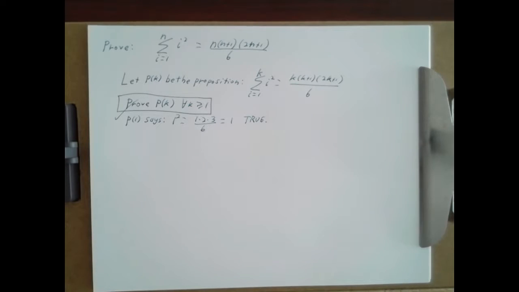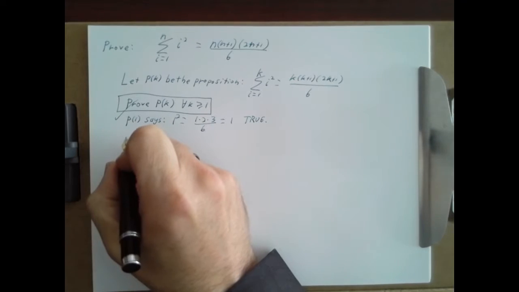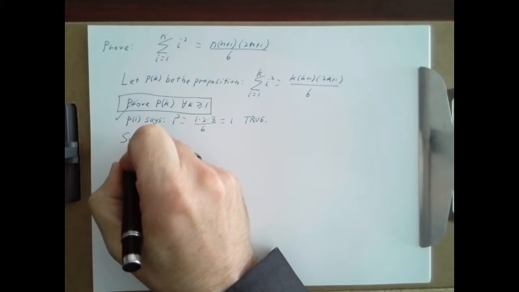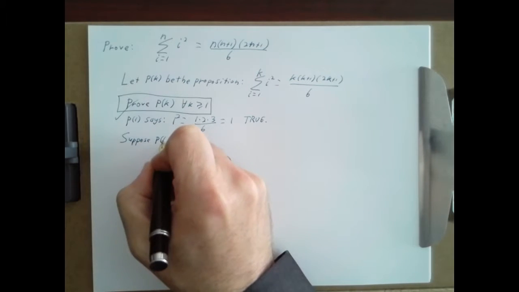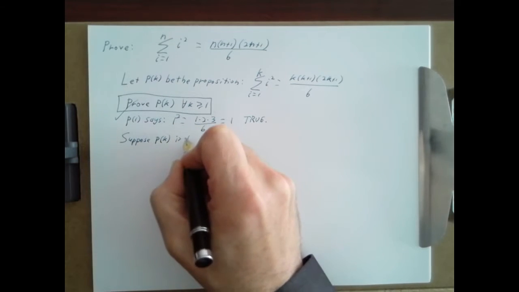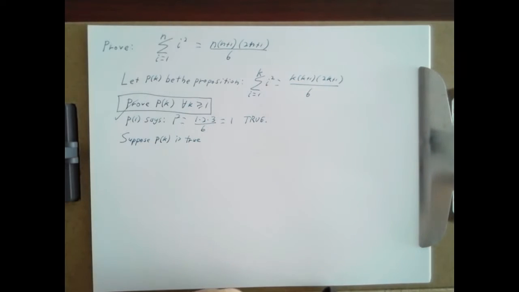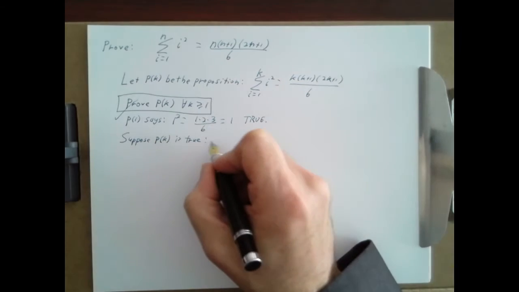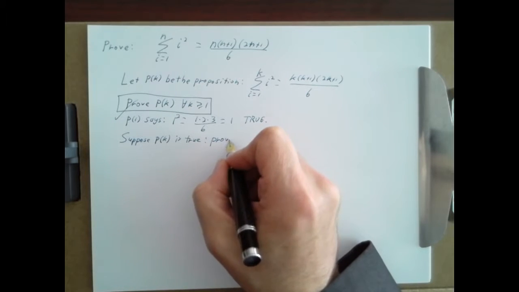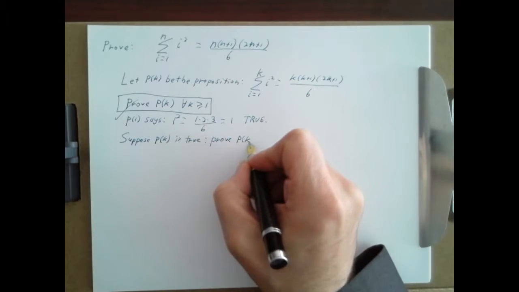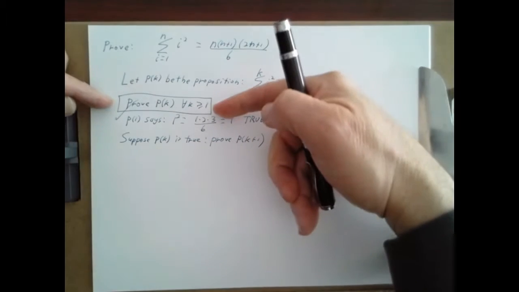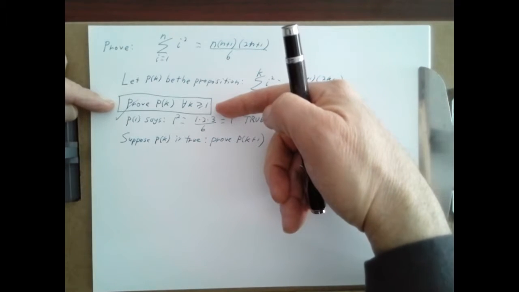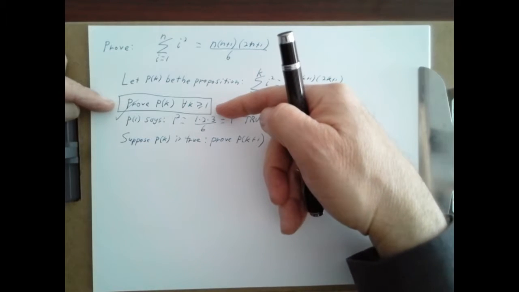I said assuming that P of k is true. Okay. Suppose P of k is true. What do we want to do? We want to prove P of k plus 1. This is a much easier task than this thing we're after for the problem, which says prove P of k is true for all k.